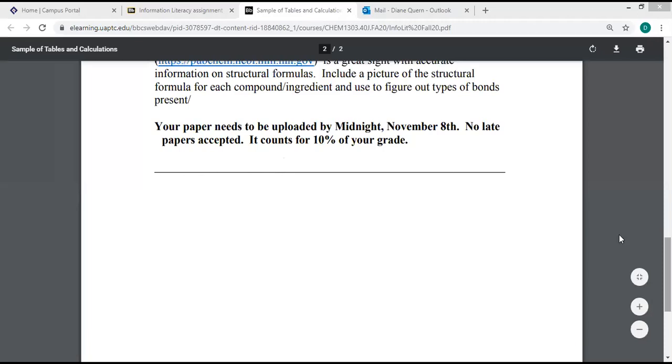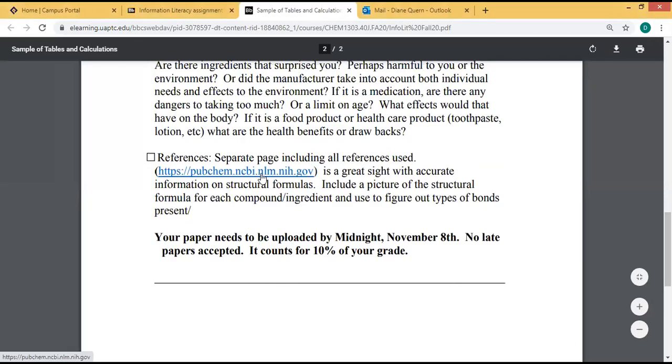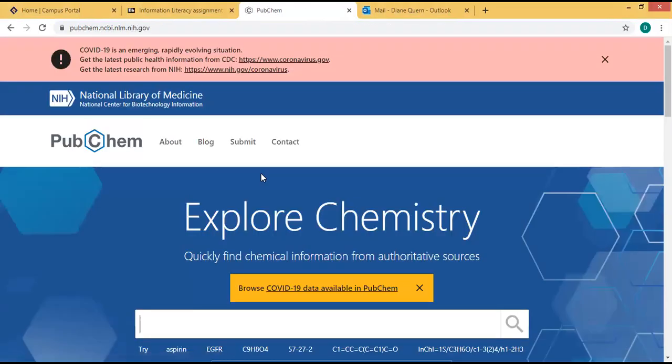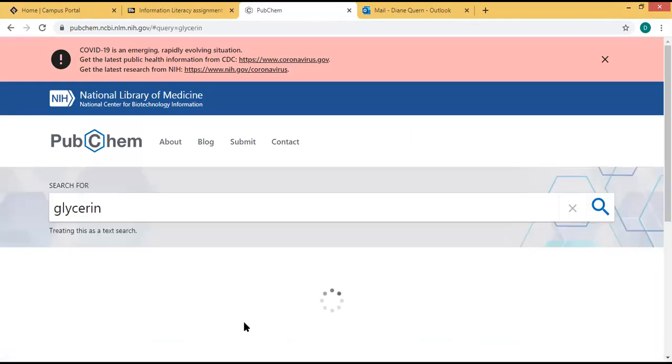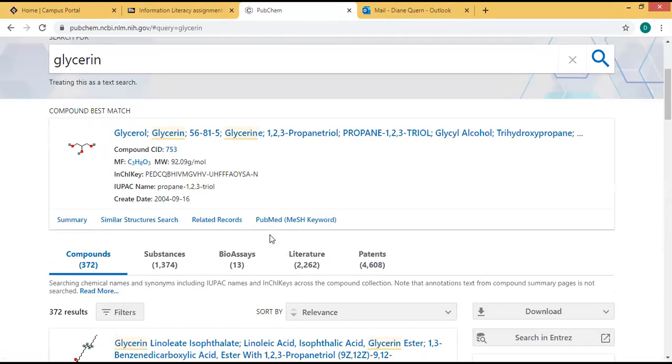Maybe it stops freezing on me. So here's the PubChem site. So what is glycerin? It's the ingredient we just saw. So you could type in the ingredient and it gives you the molecular formula. A lot of times they'll give you the structural formulas.